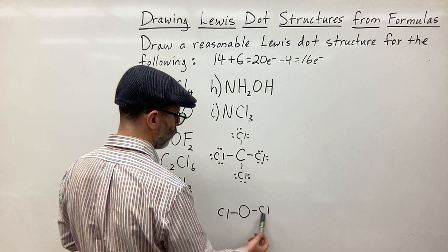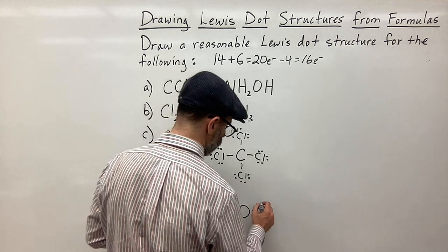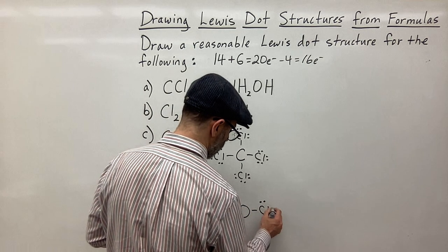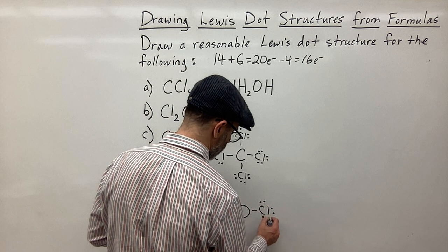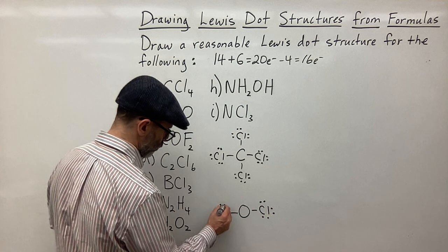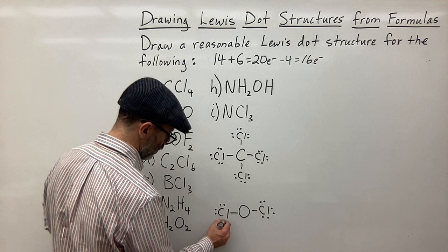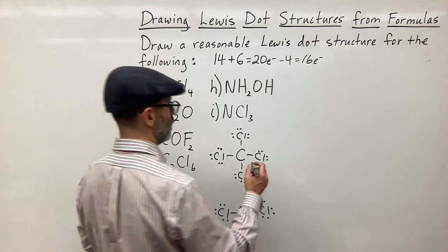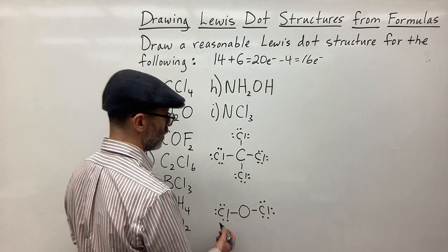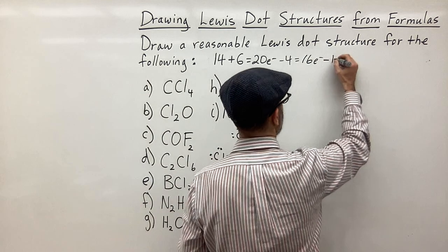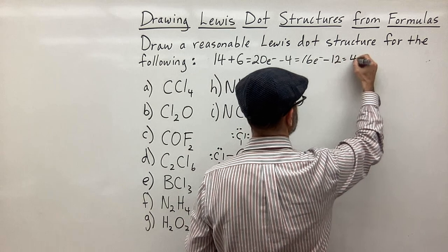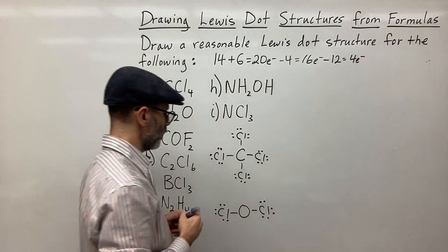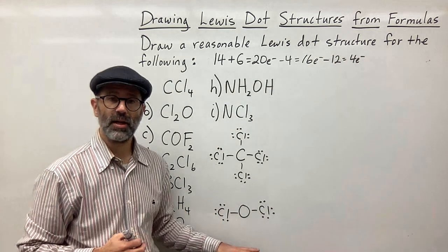The 2 chlorines will definitely need lone pairs, so we'll add 3 lone pairs to this chlorine, 3 lone pairs to this chlorine. Now each chlorine is happy with an octet. So we subtract out 6 here, 6 here, that's 12. We remove 12, and that's going to give us 4 electrons left over. So we are done with step 3.